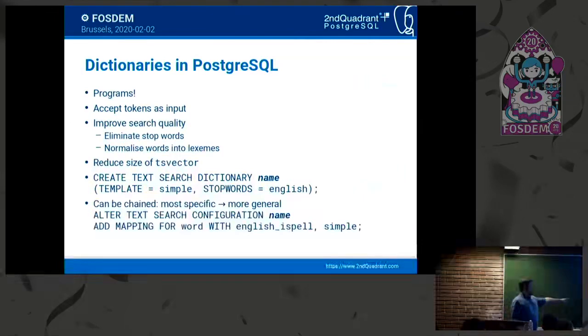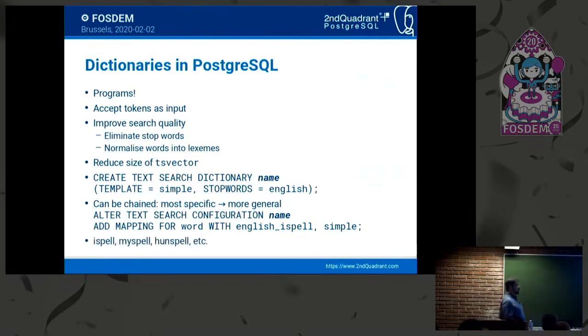You can also decide to chain those in the order which is convenient for you. So you can have it first perform the dictionary normalization using iSpell, and then the simple one, and you can assign different weights to each one of those, so you can tell apart the proper names, let's say, that were kept by simple, but were eliminated by English iSpell, and you can assign different weights to them in your results.